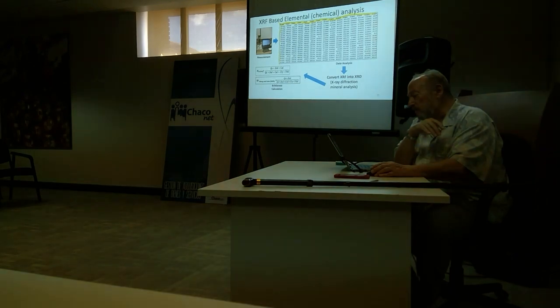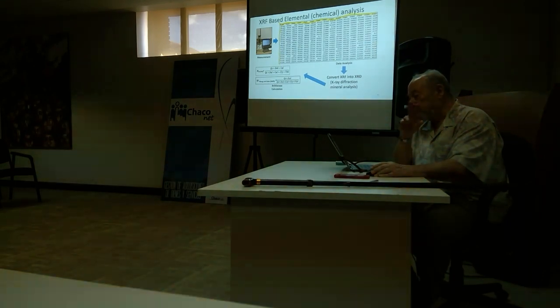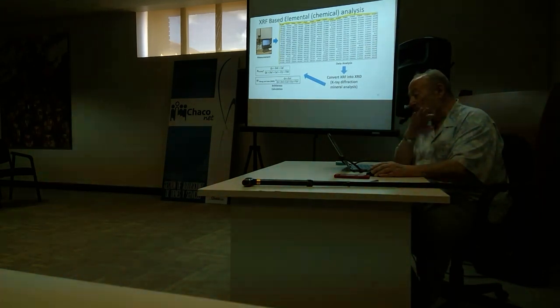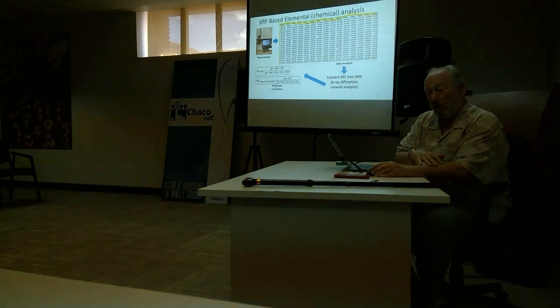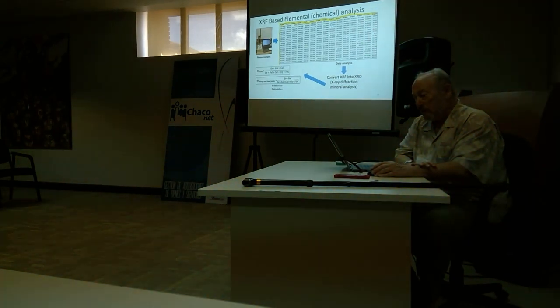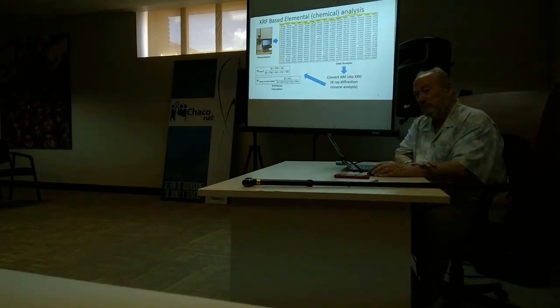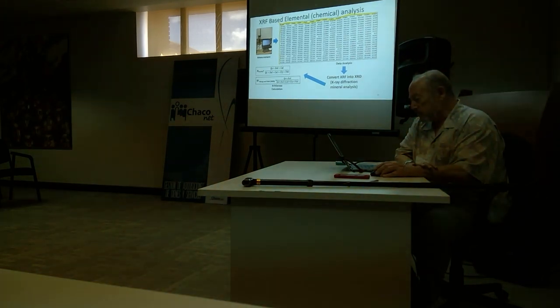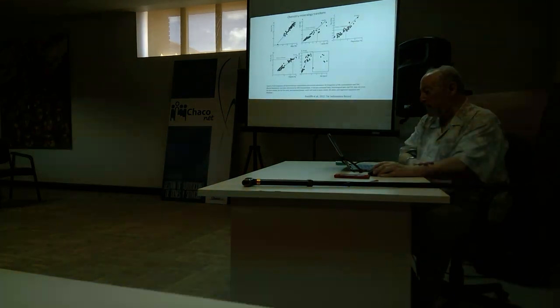So you can convert the chemical analyses, how much aluminum, how much sodium, how much silica, how much sulfur, and so on, you can convert those to abundance of minerals.